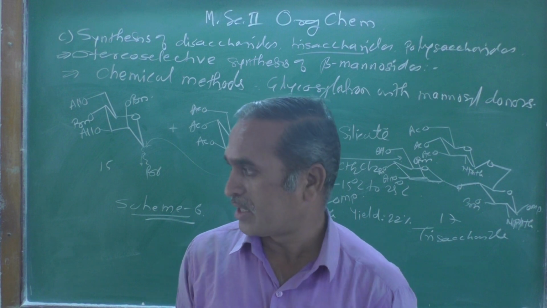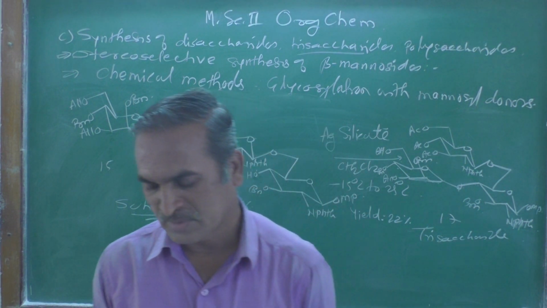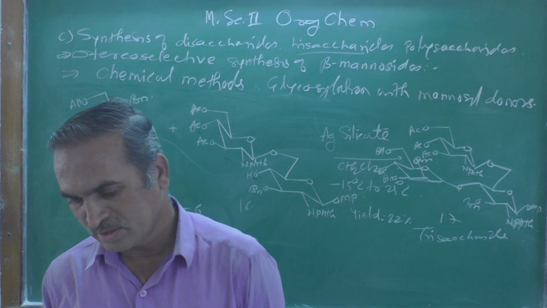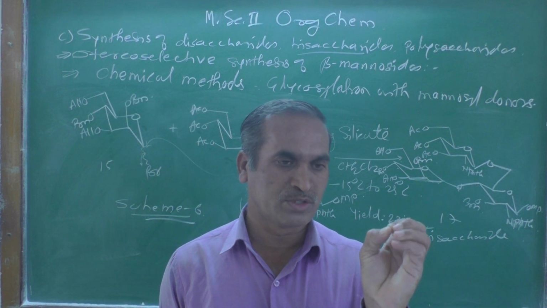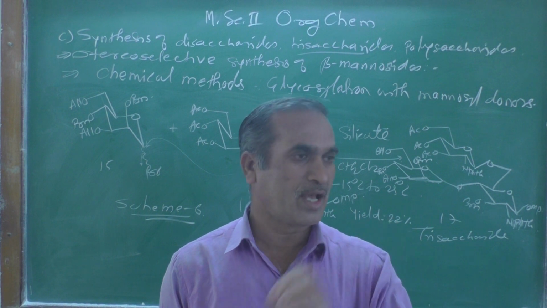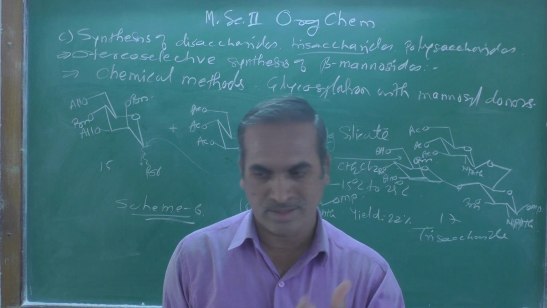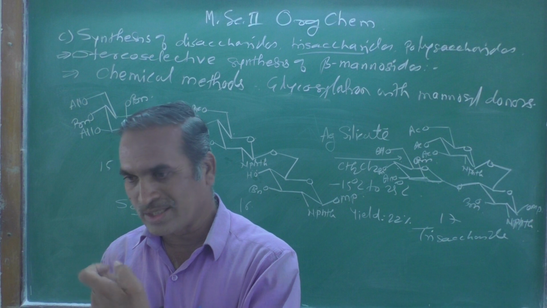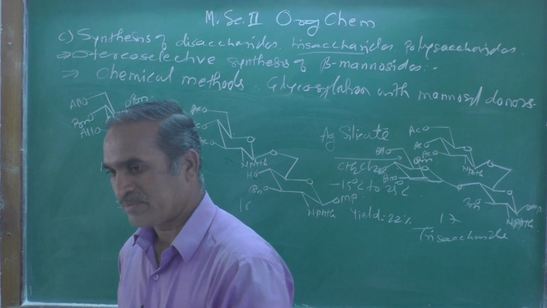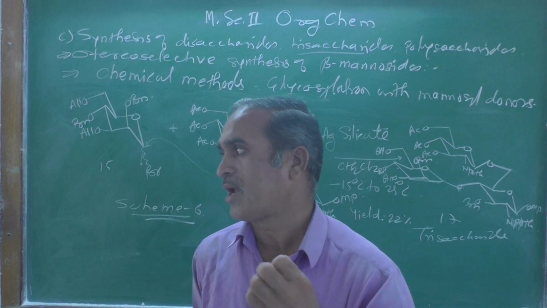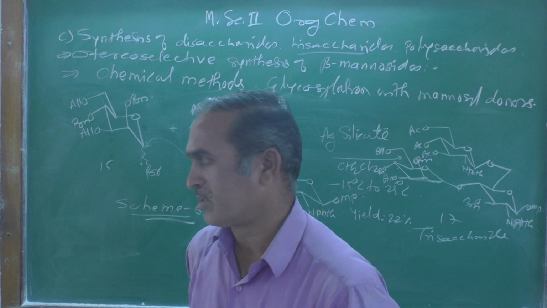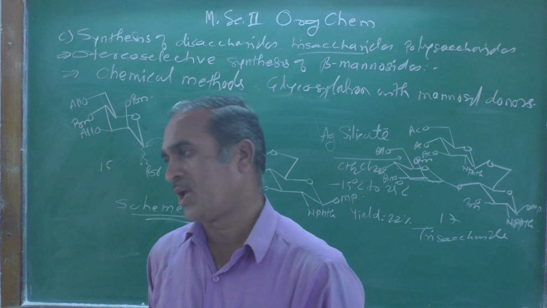Now George is once again a scientist's name, George, silver zeolite. George utilized the zeolite, which is nothing but a white stone generally present, and it can act as a catalyst in this particular reaction.